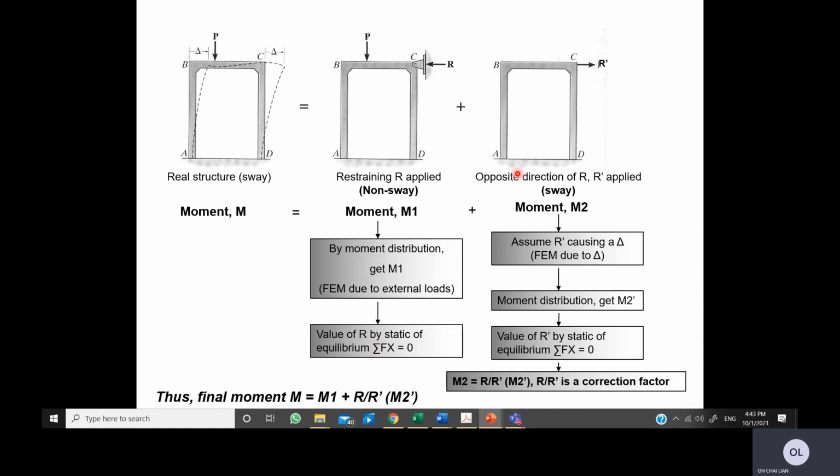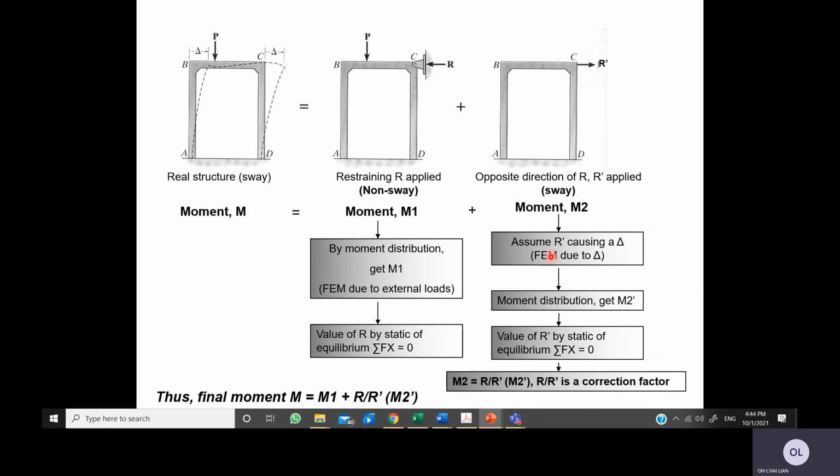Then we move to the other stage of analysis, where we consider the sway analysis. In this sway analysis, the restraint has been removed and we will have a loading applied to the system, termed R prime. At the end of this analysis, we aim to determine moment M2.